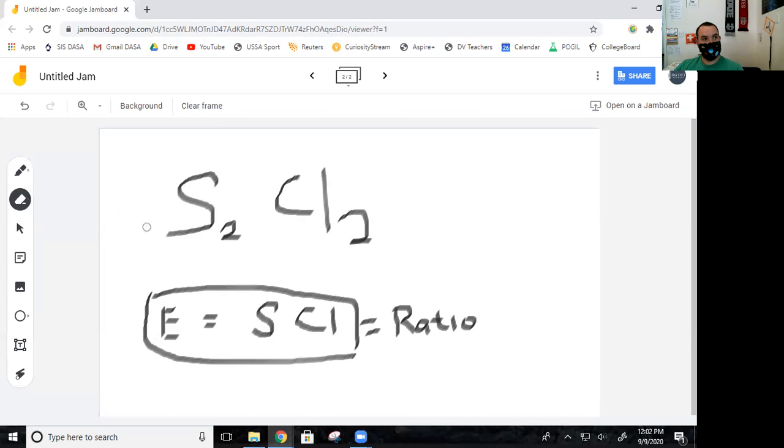So let's just make up a molecule, shall we? Sulfur, chlorine. If this was the molecular, then this would be the empirical. Got it? So M standing for molecular, E standing for empirical. Okay? All right.